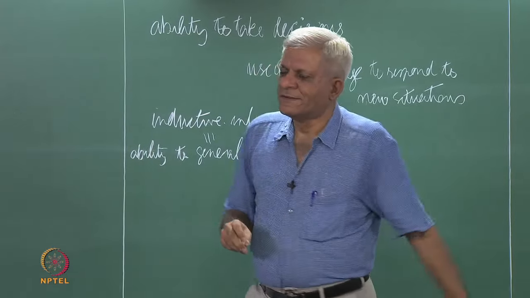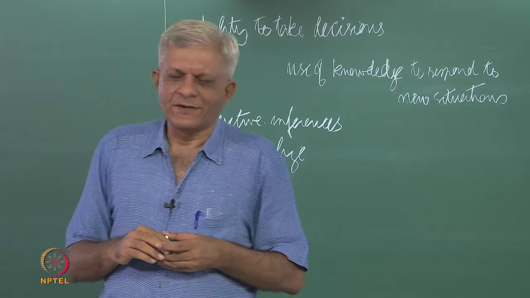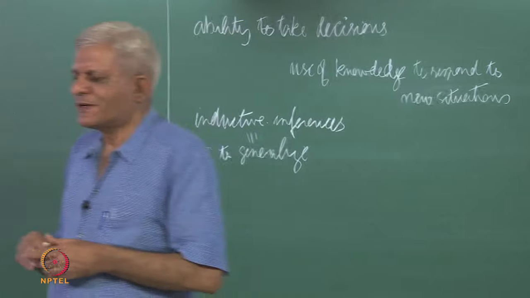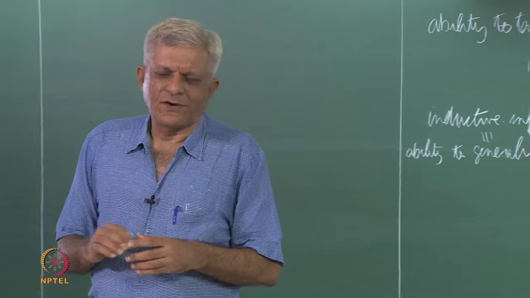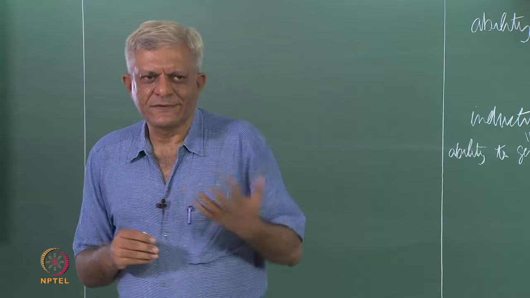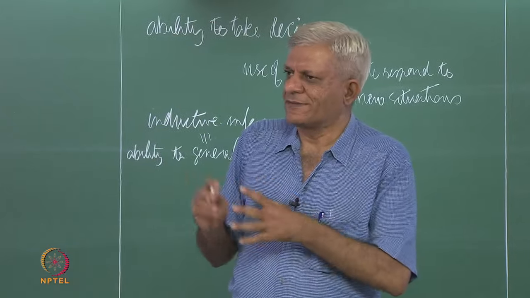Right. So you go to some hotel and you eat a masala dosa and you are happy, you come back, next day you go there and you have something else, let's say uttapam, and you come back and then you generalize that this hotel gives you good food, or you might say that South Indian food is very good. These kinds of inferences that we come to are inductive inferences.